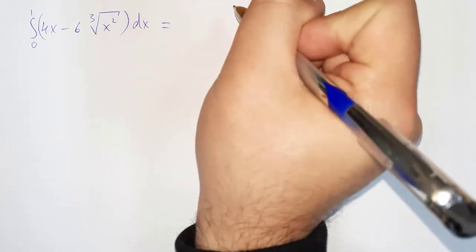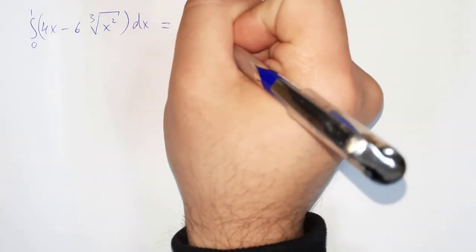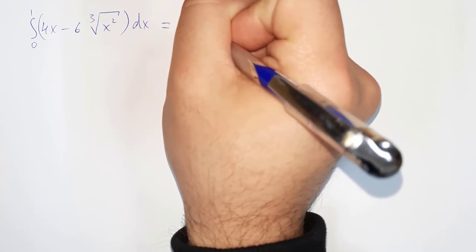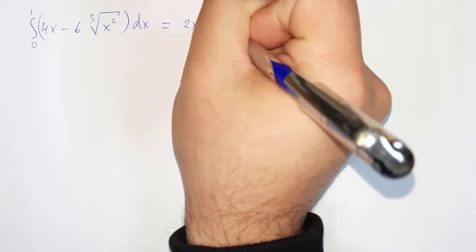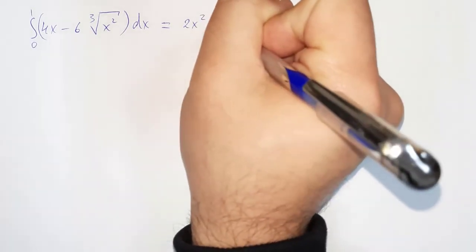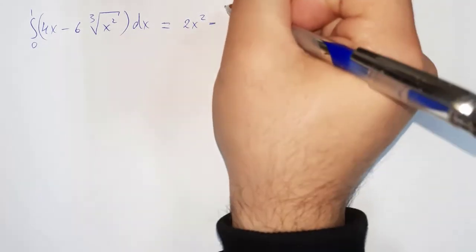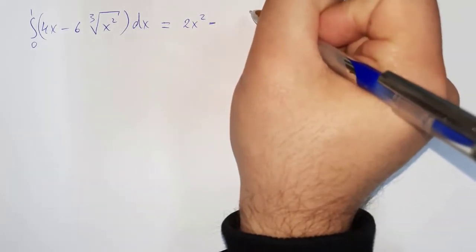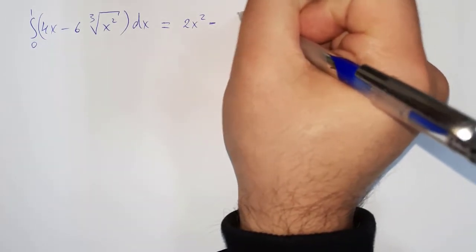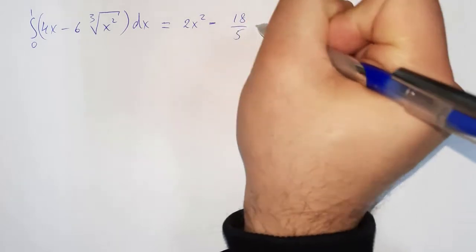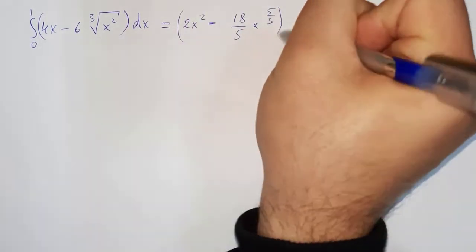Find firstly just the primitive of this function. It will be 4x squared over 2, or just 2x squared, minus, the next one is x to the power of 2 over 3. If we add 1, it will be 5 over 3, so it will be 18 over 5 x to the power of 5 over 3. This is just the primitive of this function.